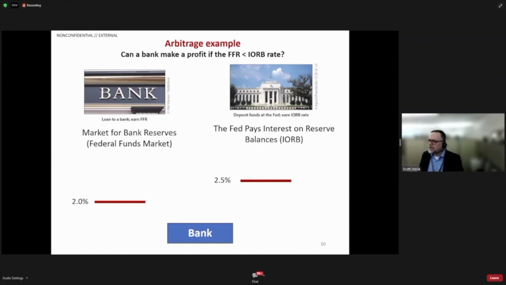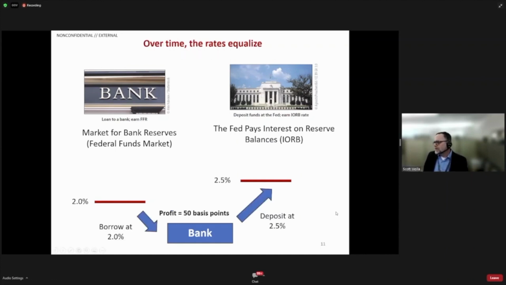And so in this scenario, let's say that there's a difference between these rates. In this scenario, the federal funds rate is lower than the interest on reserve balances rate. Banks would quickly see an opportunity here. They would see that they could go into the federal funds market and borrow at 2% and deposit those funds at the Federal Reserve for 2.5%, or earn 0.5%, which we call 50 basis points.